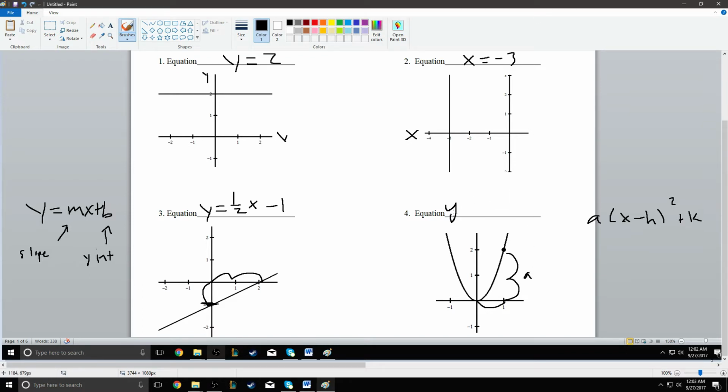So it would be y equals 2, parentheses. Actually, looking at this, our vertex is at the origin. That means there is no horizontal shift, so there is no h. There is no k, no vertical shift, so it would just be 2x squared. Done.